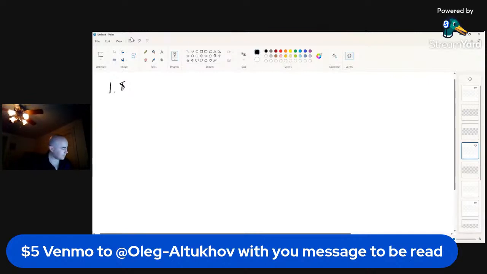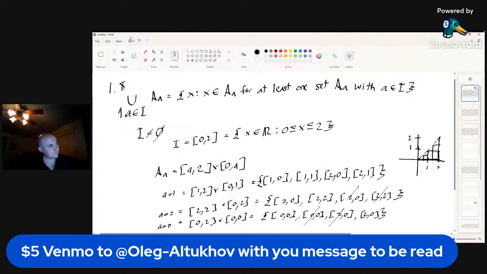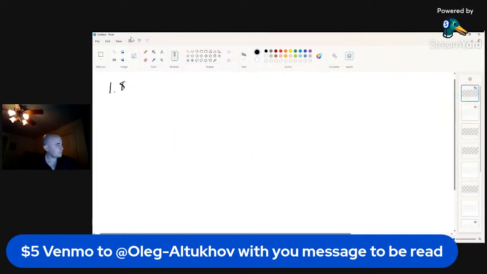All right. Let's try 9. A union of X containing the power set of the naturals.